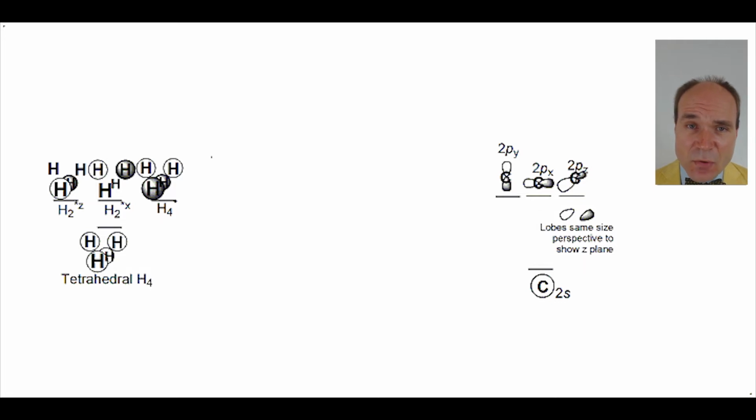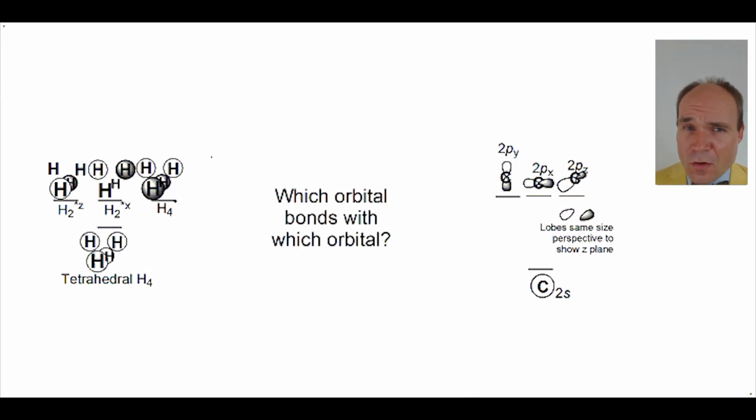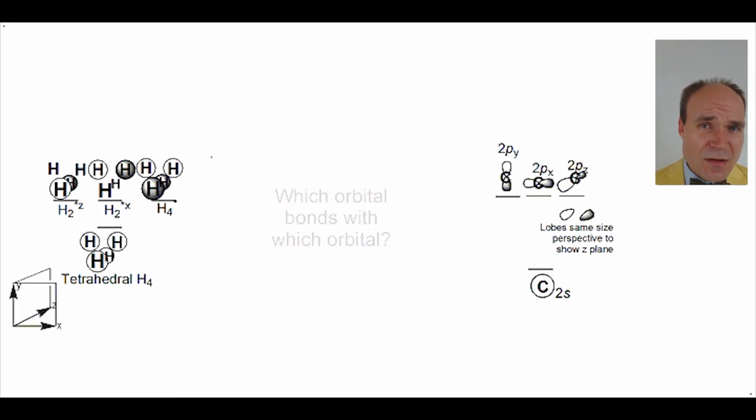Clearly, it's going to be important to describe spatial relationships between orbitals. And by doing this, we begin to understand how orbitals bond with orbitals. We have 4 orbitals on the left, 4 orbitals on the right, but what orbital bonds with what orbital? Well, let's go and think about 3D.